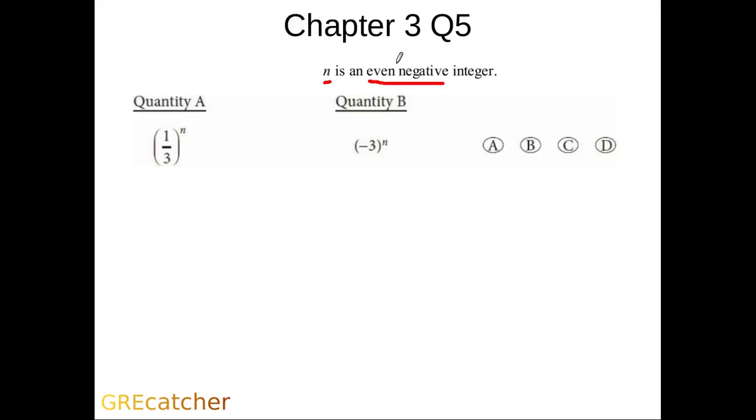In this question, the restriction is that n is an even, negative integer. So what you have to do now is choose one or more even negative integers and plug them in instead of the unknown n, then get quantity A and quantity B and compare them together.